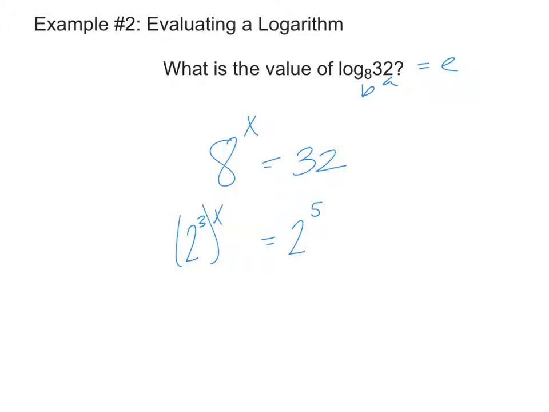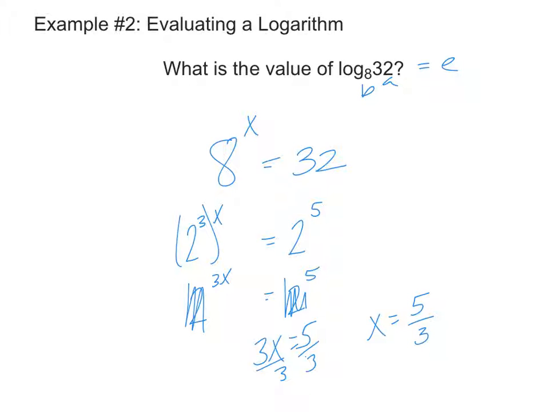Now, here's the deal. This 2 to the 3rd raised to the x is really 2 to the 3x, and this is still 2 to the 5th. At this point, the common bases can really go away. So we're left with 3x equal to 5, divide by 3, and x equals 5/3.